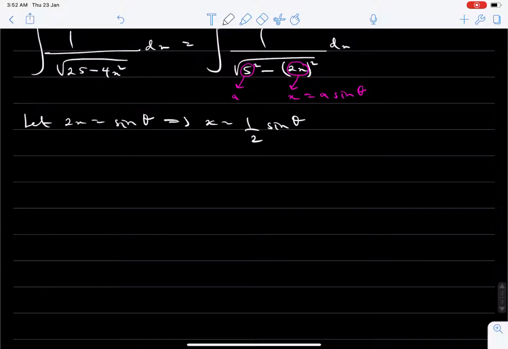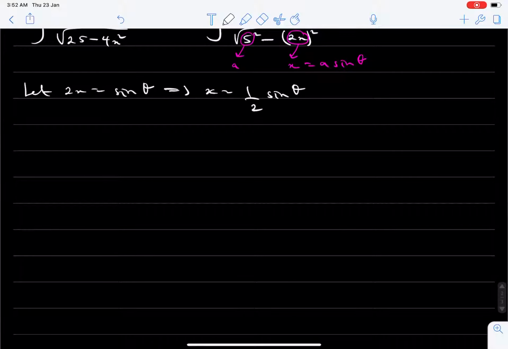And that implies that x equals half sine theta, which implies that dx is the same as half cos theta d theta.